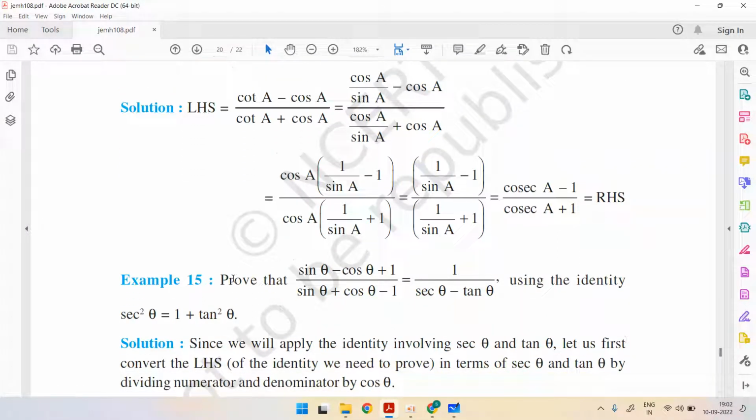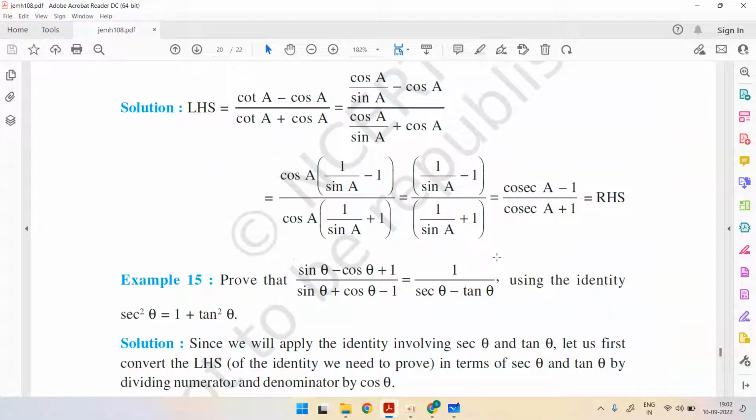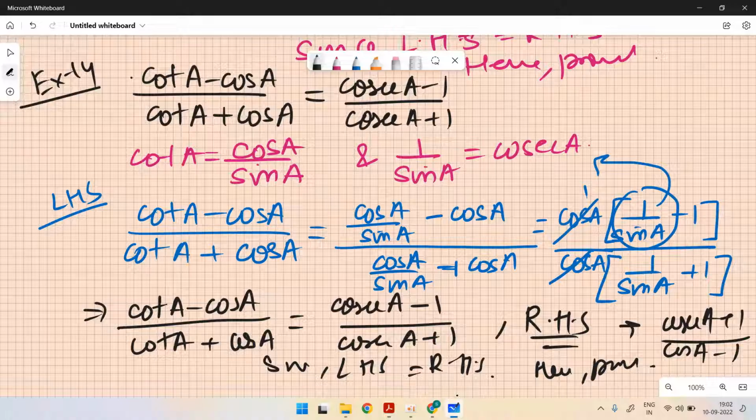Now example 15: prove that sine theta minus cos theta plus 1 by sine theta plus cos theta minus 1 equals 1 by secant theta minus tan theta. They have given a condition to use the identity secant square theta equals 1 plus tan square theta. So this is example number 15.